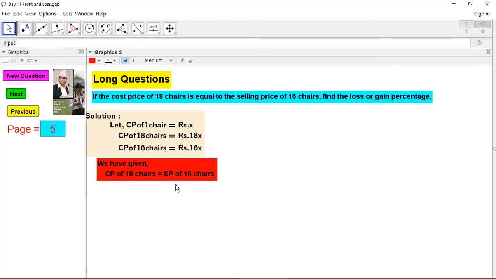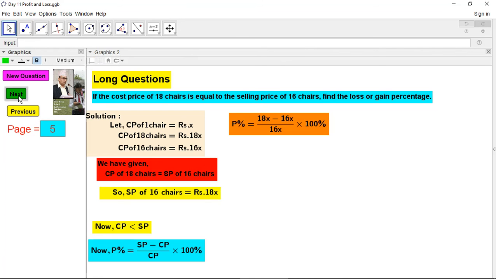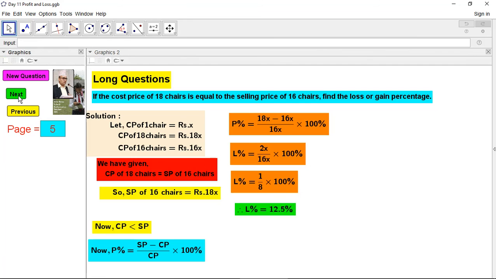I will go fast because I have already given the hints for this question, means previous question will help to deal this question. So SP of 16 chairs is 18x, CP of 16 chairs is 16x. I believe now you got the answer, dear students. It is exactly 12.5. I think there is no any confusion. Can you move to the next questions, dear students?